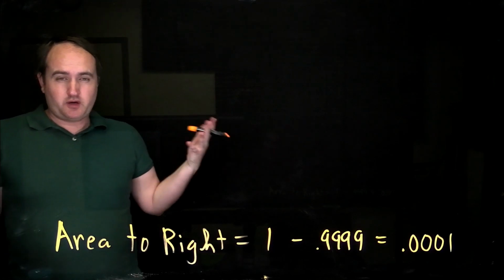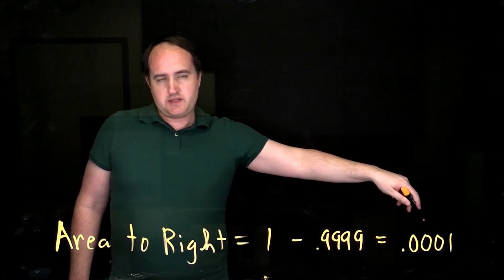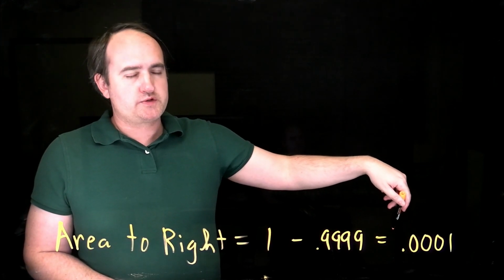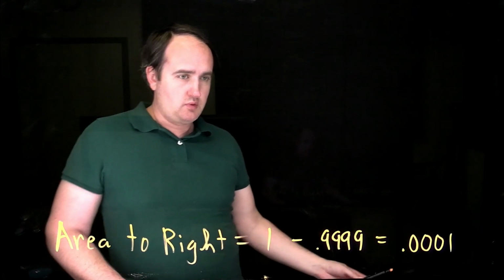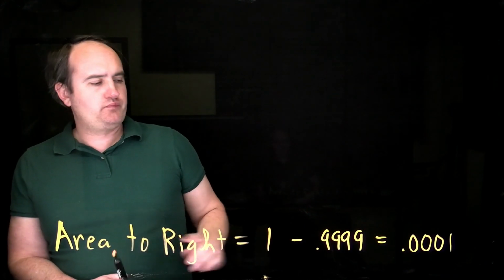Actually, with such a large z-score, it's probably quite a bit smaller than this, but because we're using the table, and we're supposed to round areas to 4 decimal places, this is going to have to do.